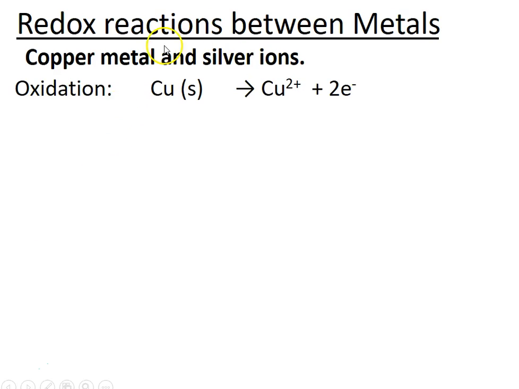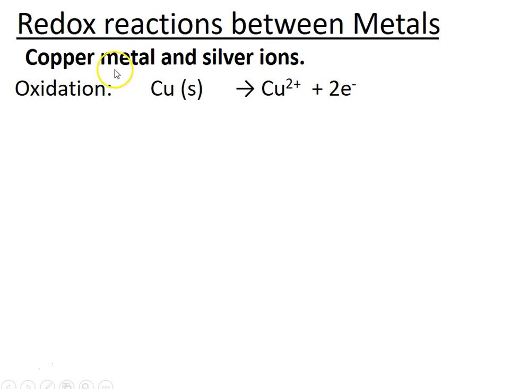So if we put a metal, so the copper atoms here have their outer shell electrons when it's in the metal form. They're just passing them around. This is copper ions that have lost their electrons.